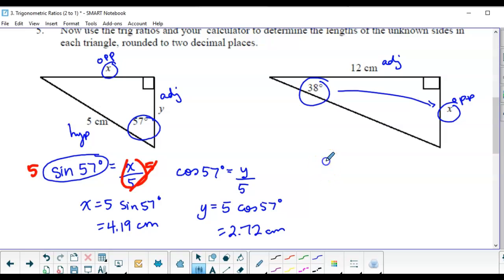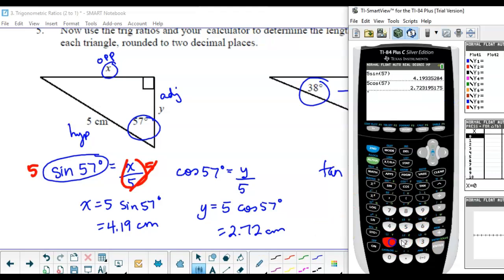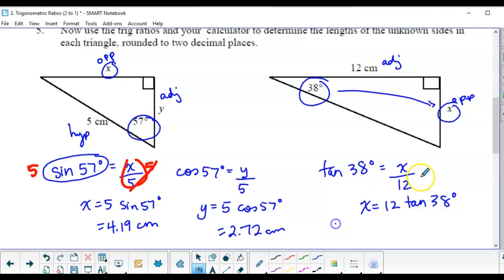So in this case, I would use tan. Tan of 38 equals opposite over adjacent. So x equals 12 tan of 38. Okay, so 12 tan of 38 is 9.38. And that is centimeters.